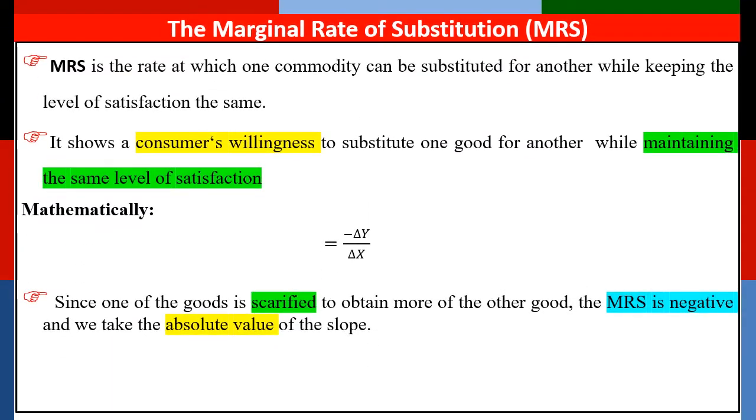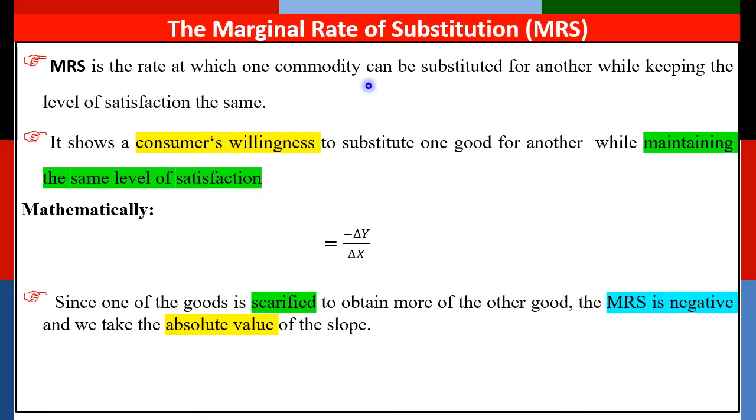Marginal rate of substitution is the rate at which one commodity can be substituted for another while keeping the level of satisfaction the same. We can substitute one commodity for another, for example, X by Y or Y by X. This is the marginal rate of substitution.